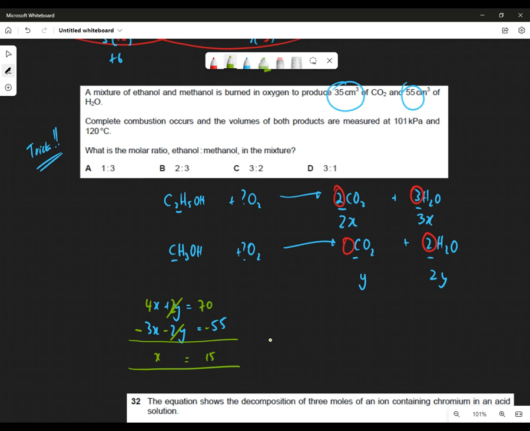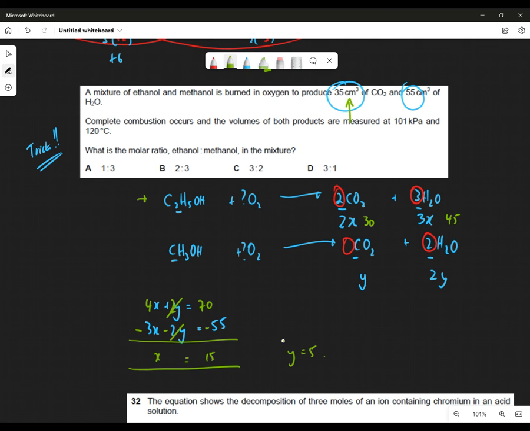Okay, and if X is equal to 15, then Y is equal to 5. So 2X is 30 and 3X is 45. That's the contribution from the ethanol to the final volumes up here.